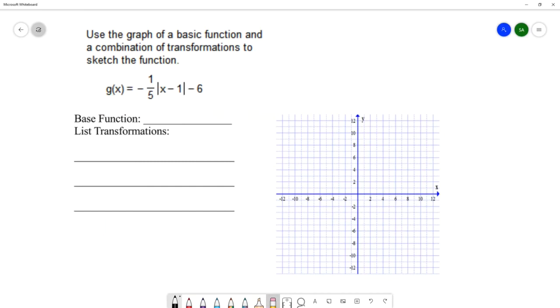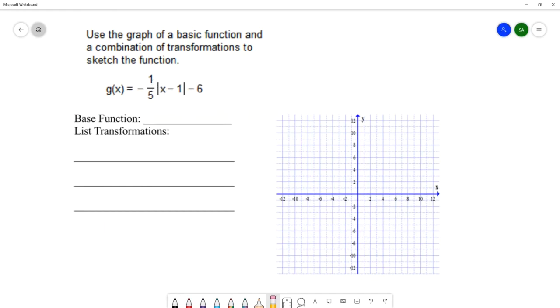In this question, we want to use the graph of the basic function and a combination of transformations to sketch the function g of x equals -1/5 absolute value of x minus 1, minus 6. The first thing I want to do is identify the base function, and there should always be a clue in the equation as to what that base function is.